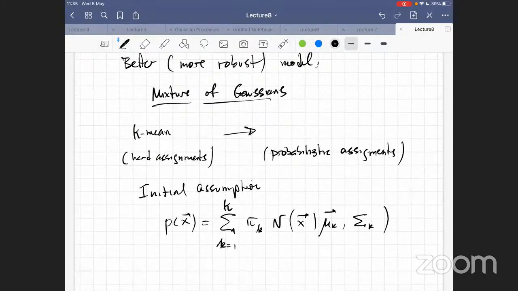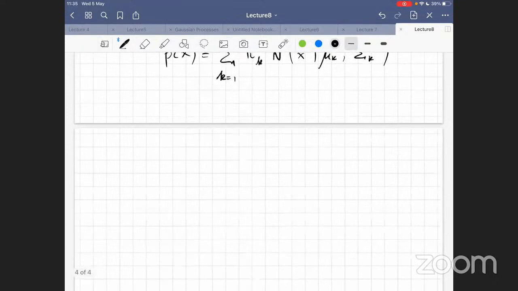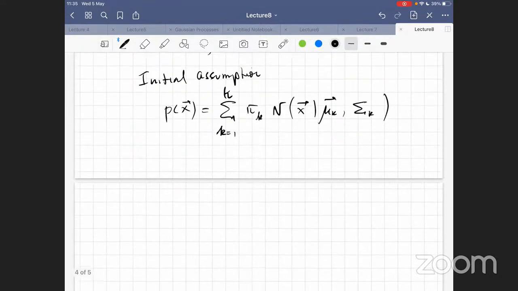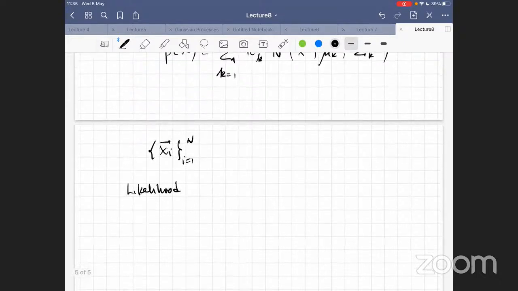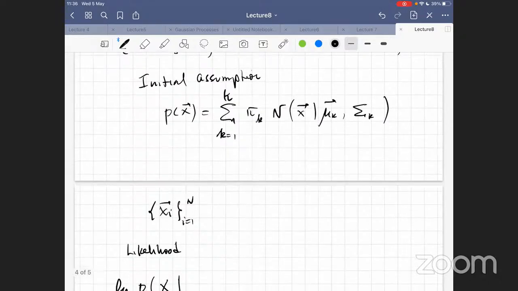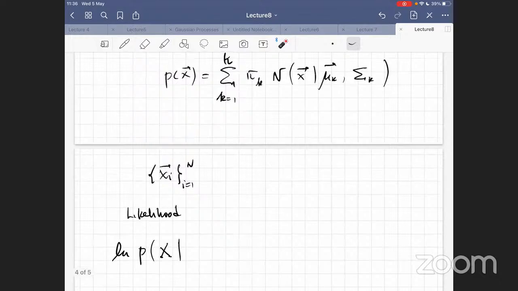Right. Now, I have a data set. So my data set consists of n points, which means that the likelihood is, or let me just write the log likelihood. P of all these points, I will collect all these points in this capital X matrix. And this likelihood will depend on parameters. So it will depend on all these coefficients here, one for each Gaussian.